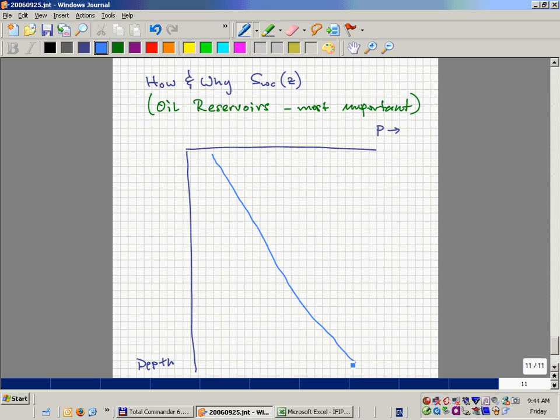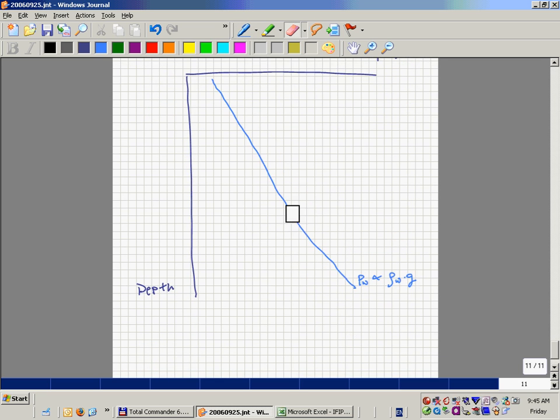This is water pressure versus depth, and basically the slope is proportional to the density of the water times g. Okay, that's the slope of that line. It doesn't look like a straight line, but let me try to redo it. Okay? That's it. It's a straight line.